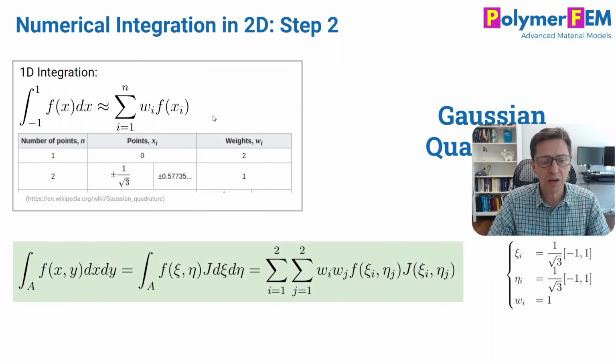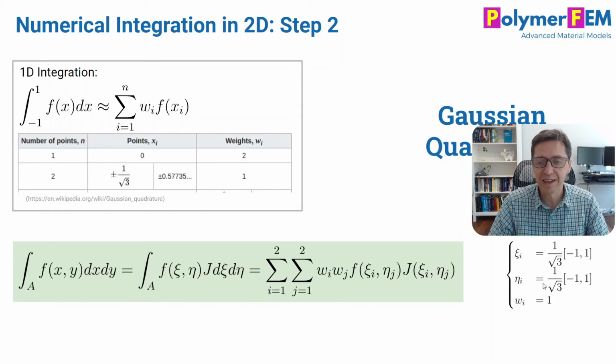In our case, we have an area integral. So here we go. We have the integral here that we want to evaluate. We substitute the integral with a double summation. Of course, we now have 4 integration points, or Gauss points, at which we need to evaluate this function in order to calculate the value of the integral. And the Gauss points, the points we want to use to evaluate the functions, are listed here.